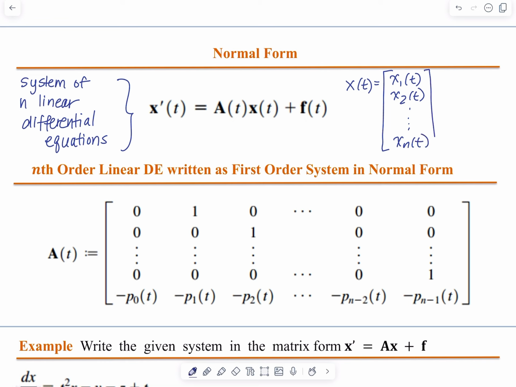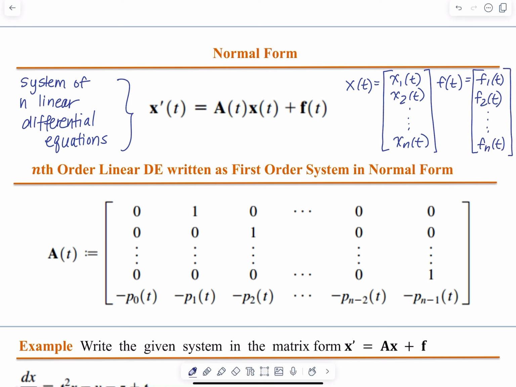We also have a column vector for our f of t, and we will have f1 of t, f2 of t, fn of t.